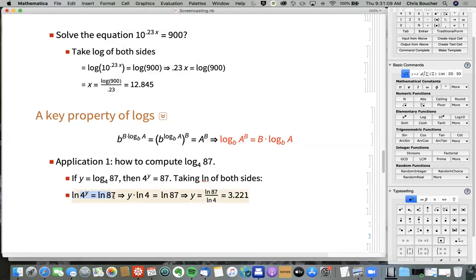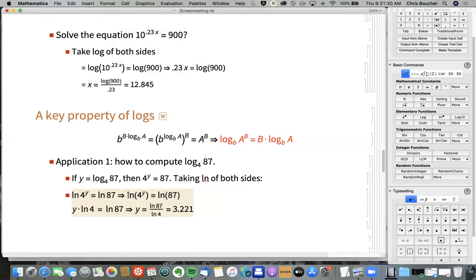So here's the initial equation, 4 to the y equals 87. Then I take the natural log of both sides, and I'm going to get ln of 4 to the y on the left, and I'm going to get the ln of 87 on the right.